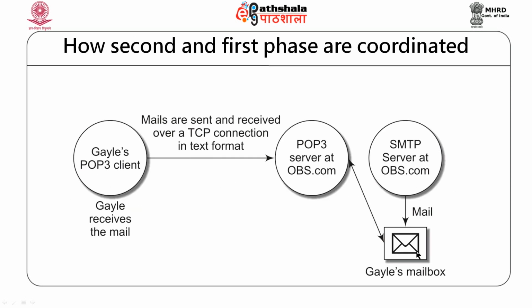The second phase: this is already done. So, the SMTP server at obs.com has copied the content to Giles's mailbox. Now, what will Giles do? He will start a POP3 client and communicate with the POP3 server at obs.com. Now, this guy may be working from his own place, and this server may be lying at an ISP or his own office or wherever it is.